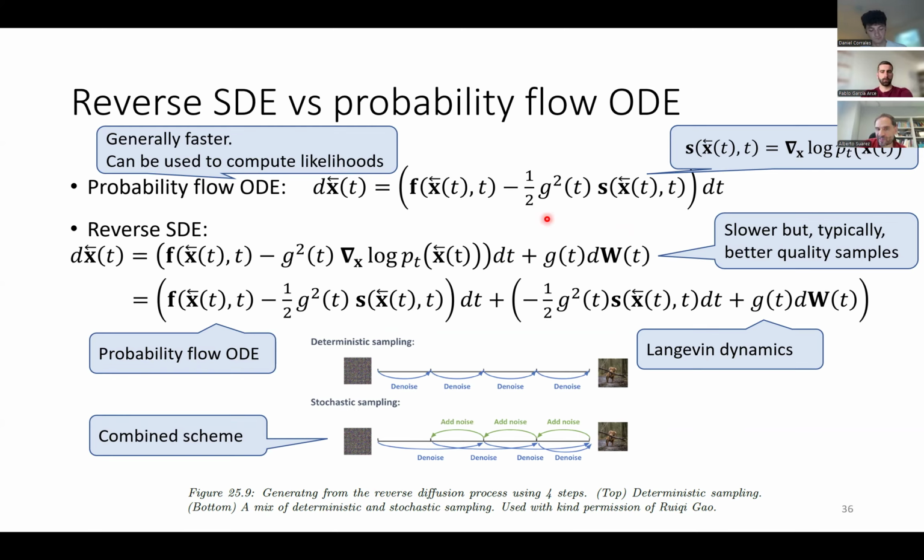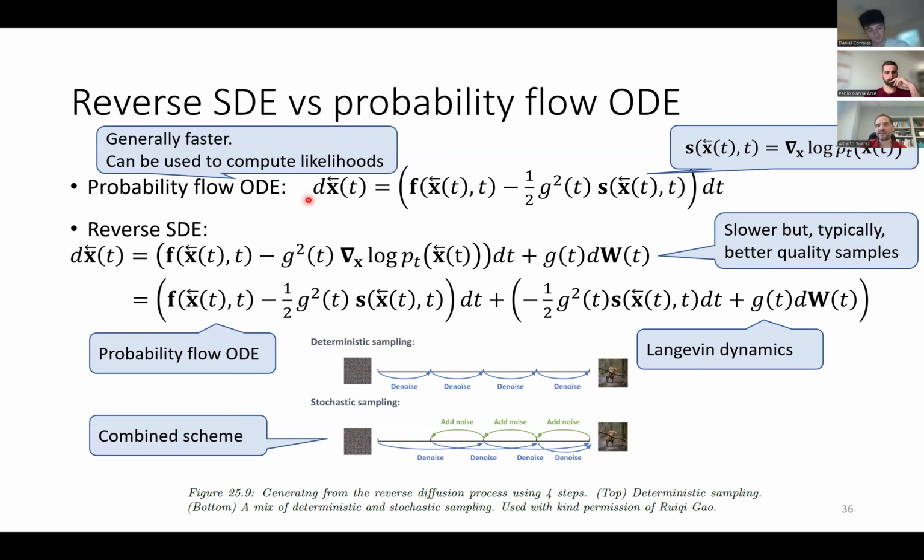However, empirically, one sees that that's not a very good way of reversing this process. It tends to give images of poor quality. So the noise in the reverse process actually improves the perceptual quality of the images, probably because of a regularization type of effect. One advantage that this probability flow ODE has is that it can be used to compute likelihoods.